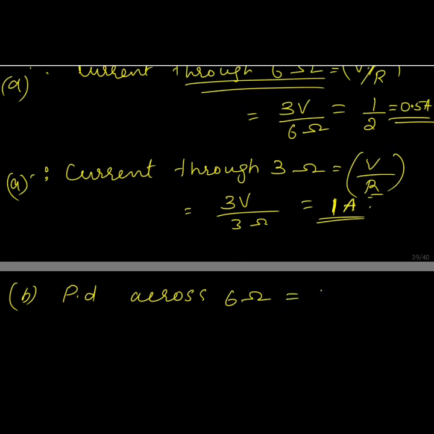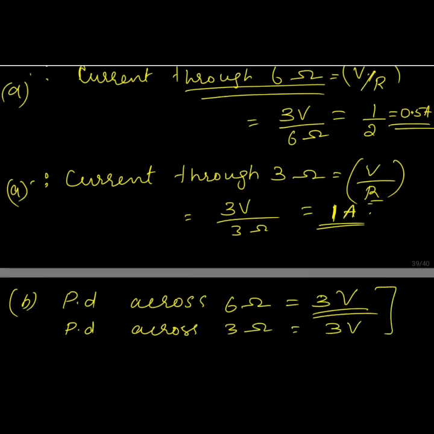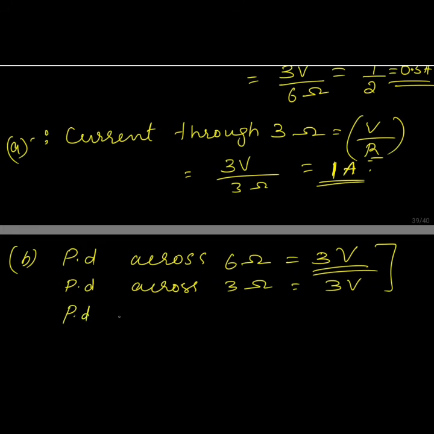When you are writing the answer, write it separately. Then the PD across 3 ohm is also 3 volt, because both of them are in parallel. The last one is the potential difference across 2 ohm, so that is the final one.